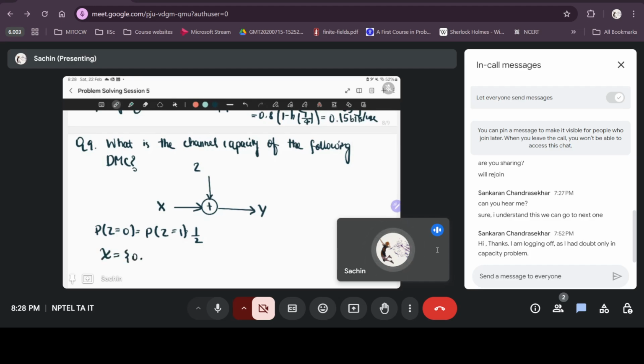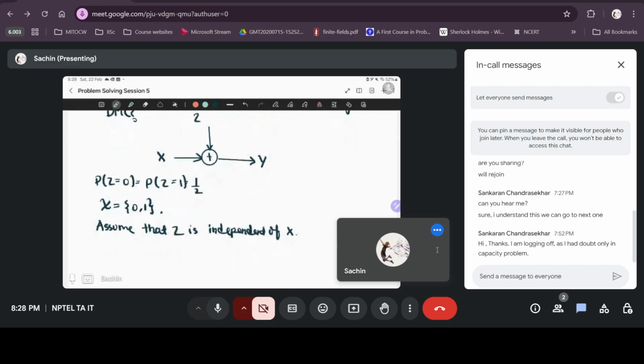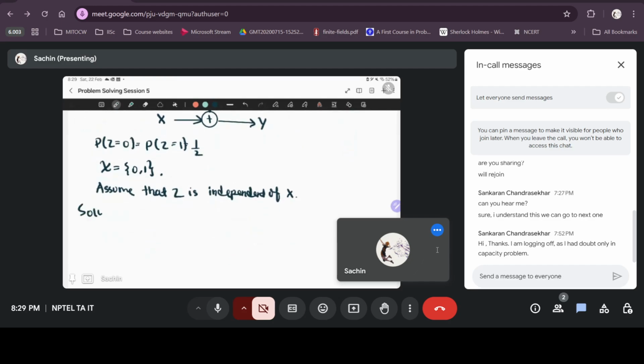Script x is 0, 1. Assume that z is independent of x.